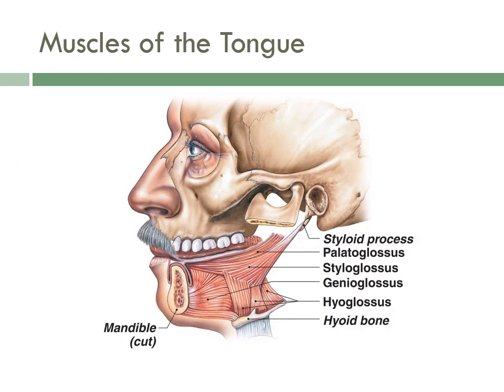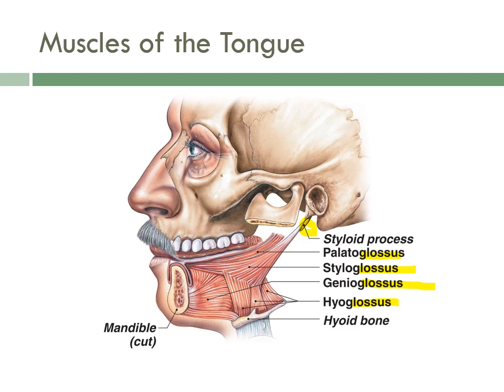Muscles of the tongue we've talked about before. They all end in glossus. You can see that over here. So if it ends in glossus, it attaches to the tongue. The first part tells you where it originates. So the palatoglossus originates from the hard palate. The styloglossus originates from the styloid process of the temporal bone.